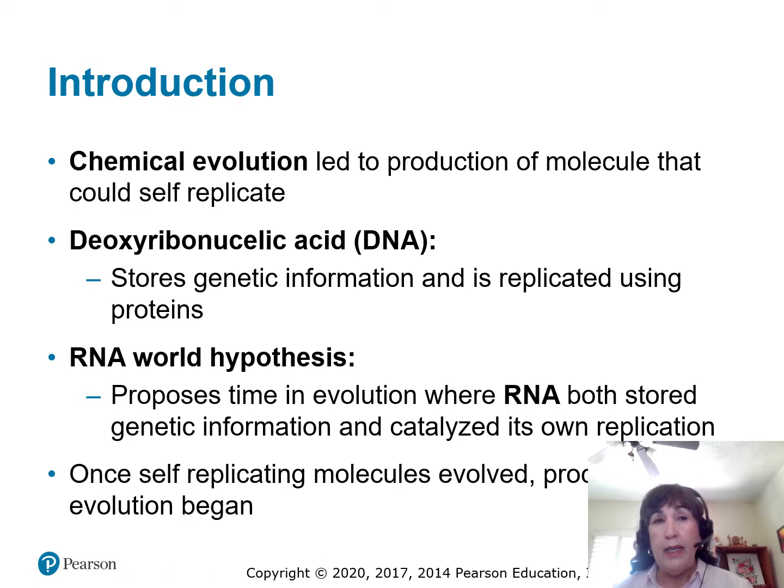But the idea is that it was an RNA world first before it was DNA, and this is proposed because RNA is both stored as genetic information, but it can also catalyze its own reaction. So many scientists believe that RNA was the first self-replicating molecule. It's often called a naked replicator.